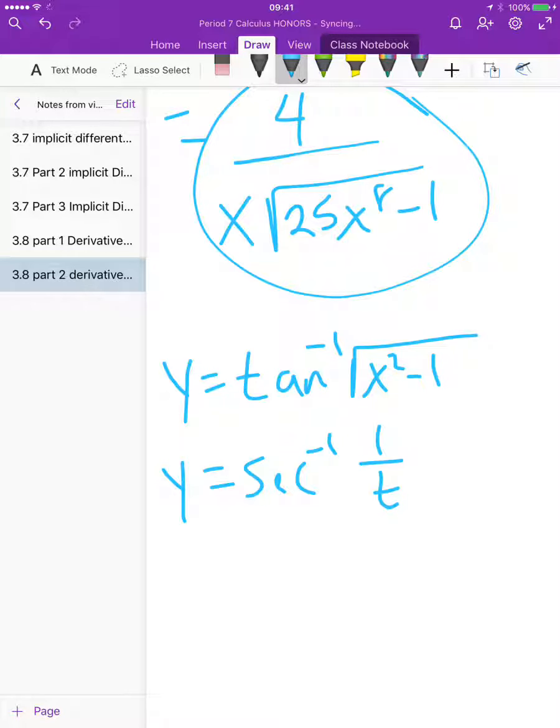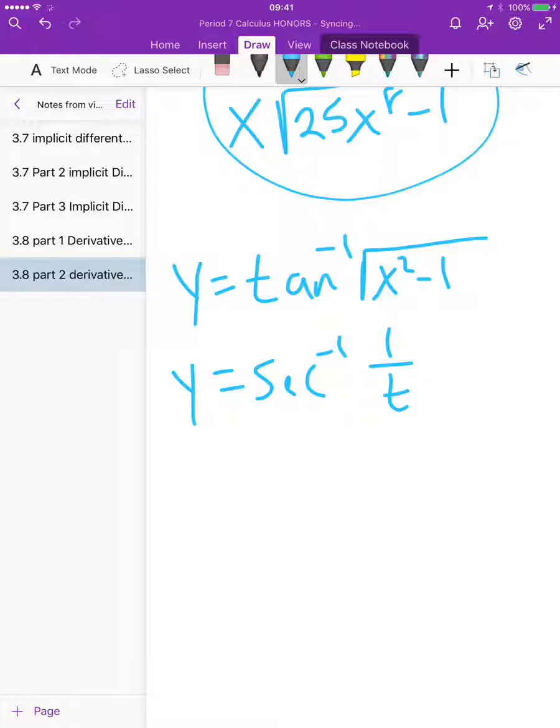All right, guys. For this purpose, I'll give you guys a go on y equals secant inverse, and then we'll talk about the tangent inverse first thing in the morning.